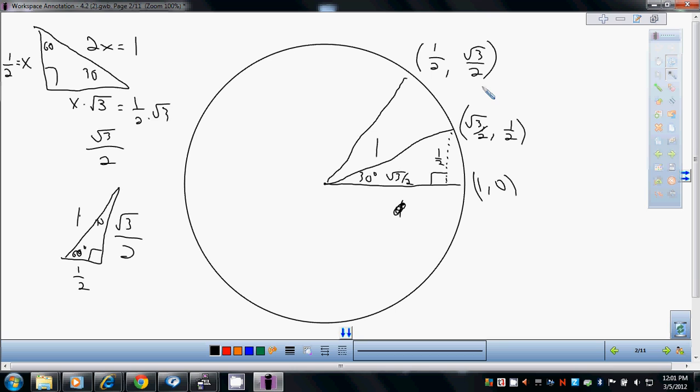Sine of 30 degrees, 1/2. What was cosine of 30 degrees? Radical 3 over 2 over 1. And over here, what was my x value? Radical 3 over 2. The y value will always be sine. The x value will always be cosine. Always.